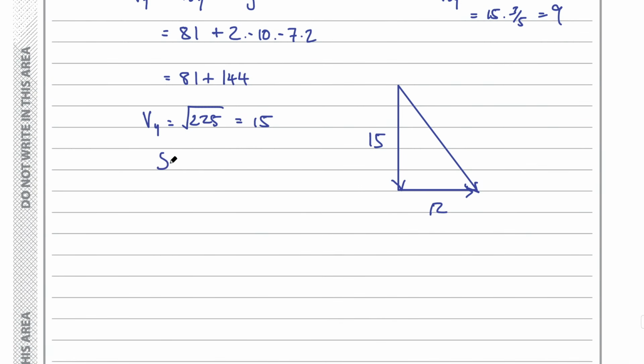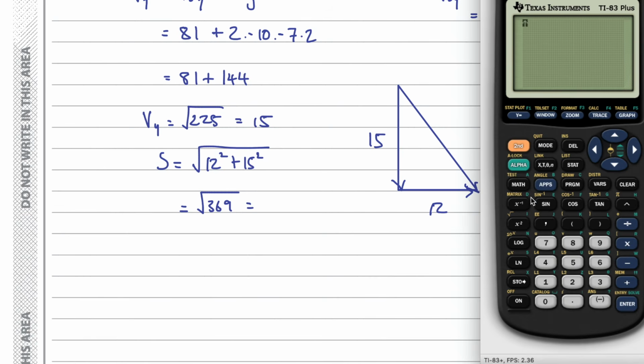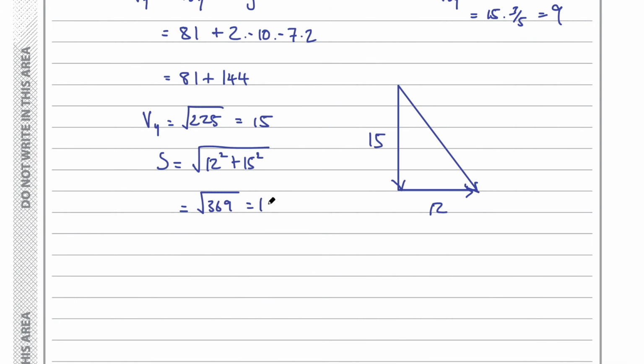So the speed is going to be the square root of 12 squared plus 15 squared, which is the square root of 369. And if we put that into a calculator, square root of 369 is approximately 19.2. And it asked us to round to two significant figures, so this is going to be 19 meters per second. So that was part B.